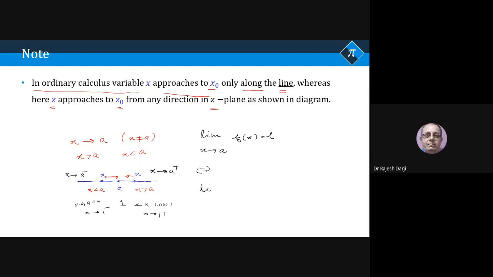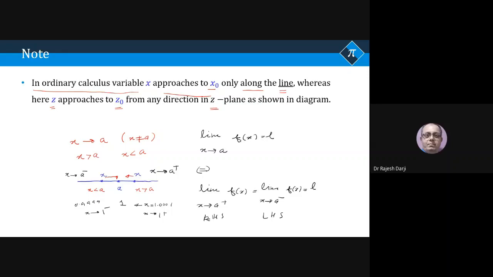Double implication: the limit as x tends to a plus equals the limit as x tends to a minus, equals L. This is called the RHS limit, and this is called the LHS limit.